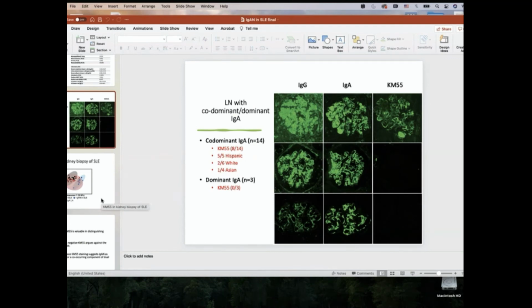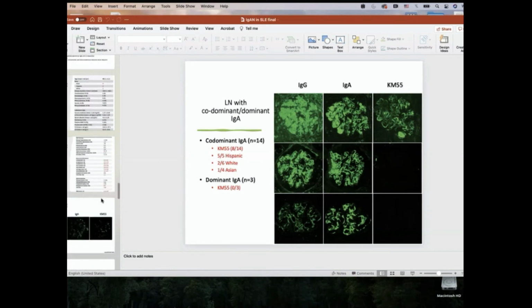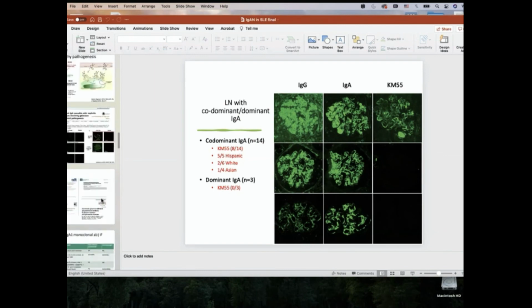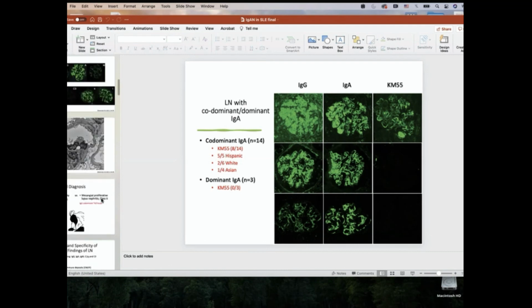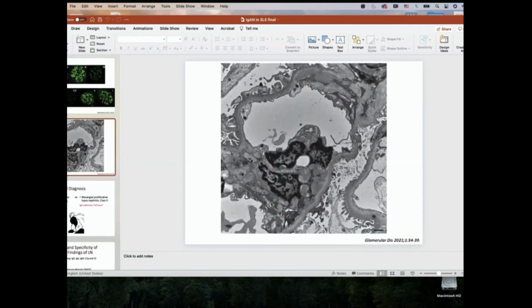Number one, in your first case, I noticed that the EM showed distinct paramesangial deposits, which is quite characteristic of IgA. Is that at all helpful in separating IgA from lupus nephritis? I'll let you answer that one, then I've got 2 others.